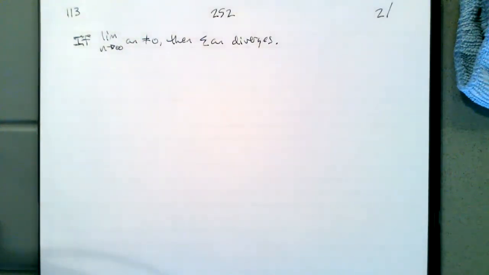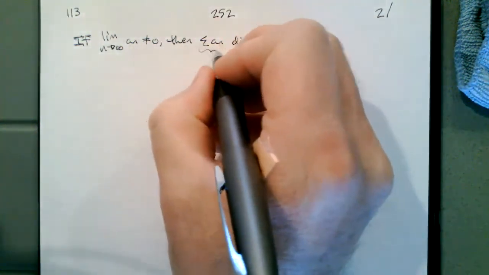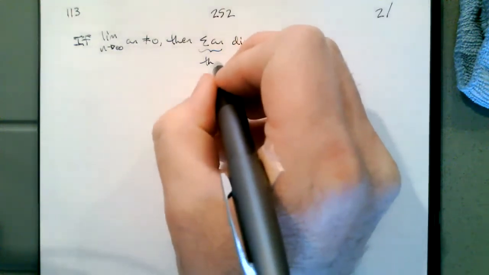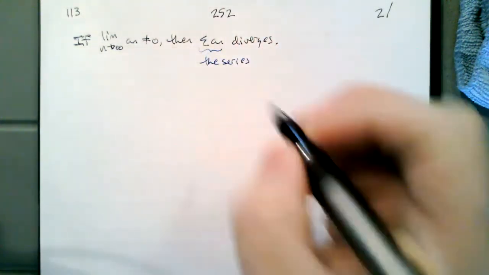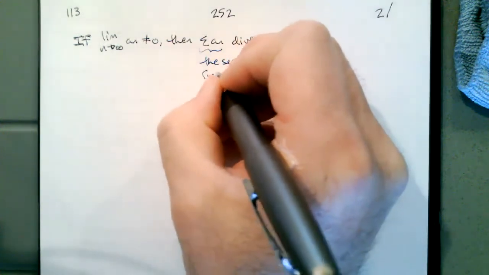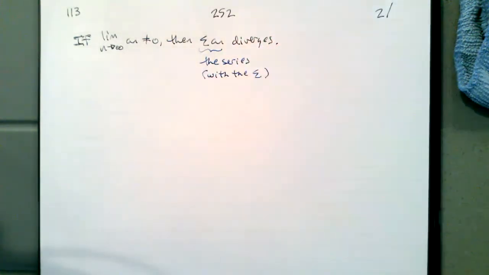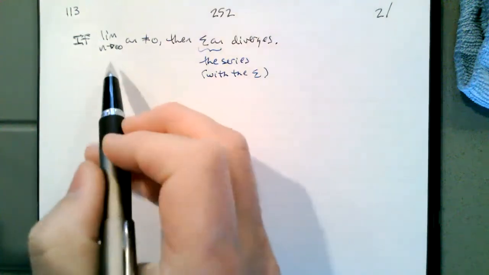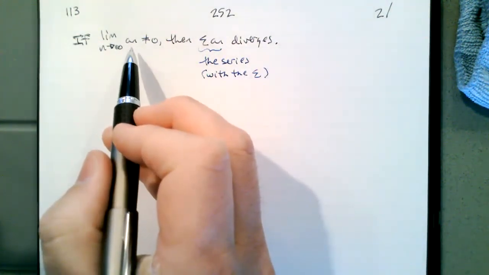Notice that we're making a distinction between the terms of a series and the series itself. When I put the sigma in front of it, this series a_n, this is the series with the sigma. But when I'm looking at the limit as n goes to infinity of a_n, I'm just looking at the terms of the series.